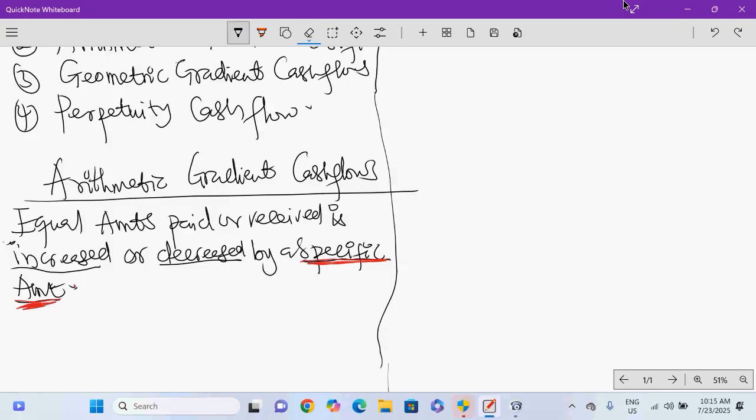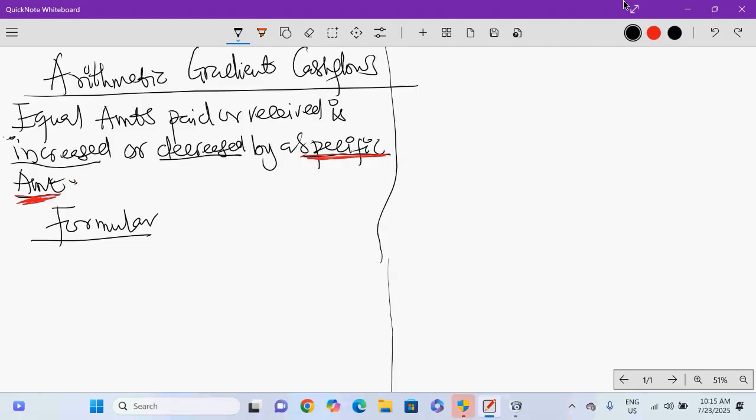So what is the formula for the arithmetic gradient? Using the arithmetic gradient, we have the present value, and usually the arithmetic is applied on the present value formula. The total present value is the present value of the annuity plus or minus the present value of the gradient.